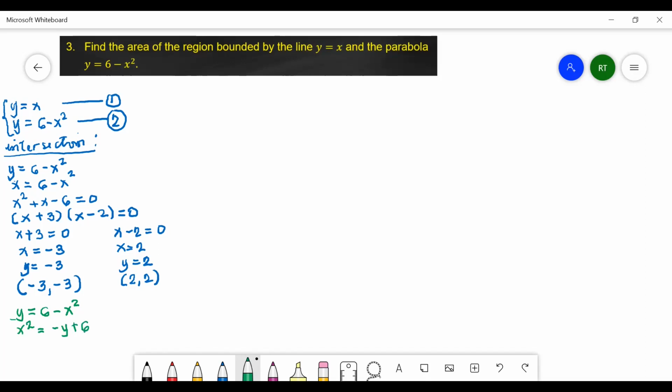The standard form is x squared equals, factoring out negative 1, negative quantity y minus 6. We have a parabola opening downward and the vertex is at 0, positive 6.